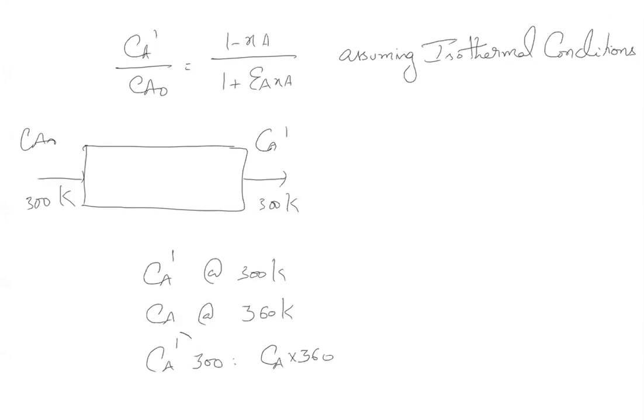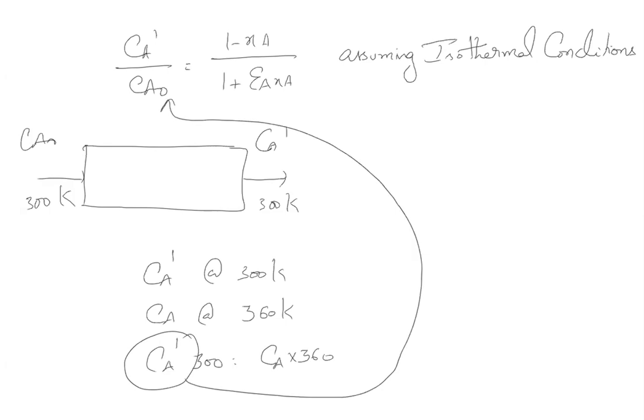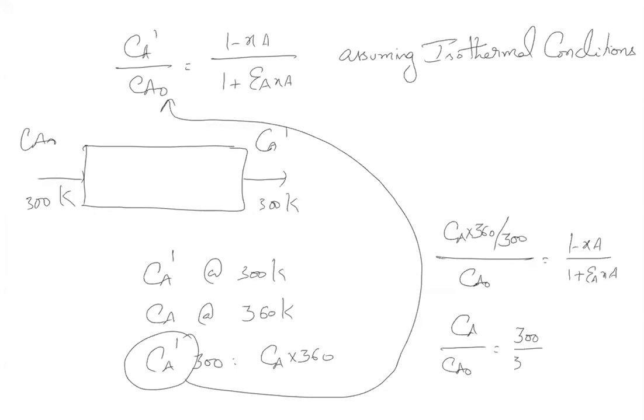Substituting, CA prime is CA into 360 divided by 300, divided by CA naught, equal to 1 minus XA by 1 plus epsilon A XA. So CA by CA naught is 300 by 360 into 1 minus XA by 1 plus epsilon A XA.